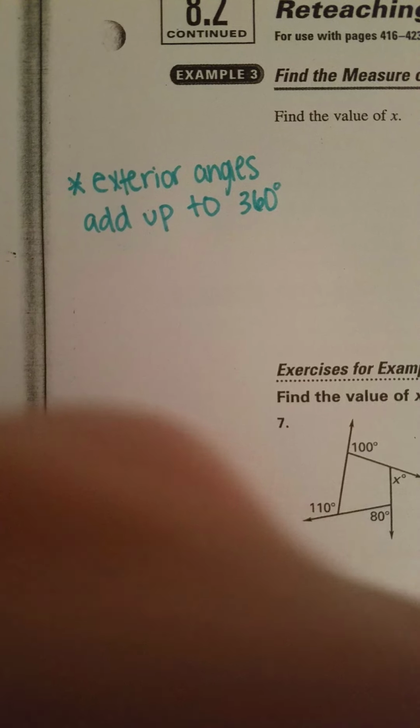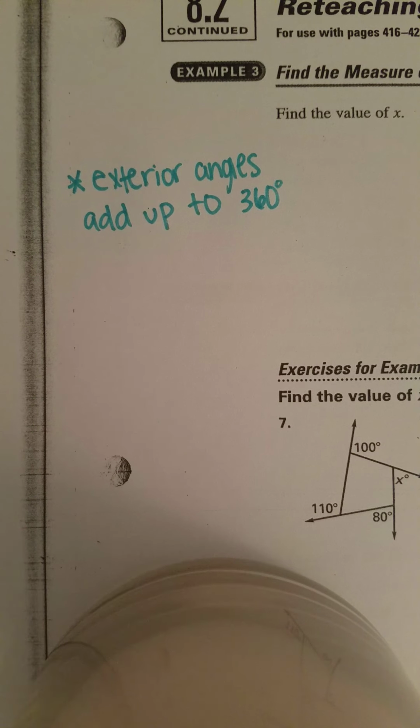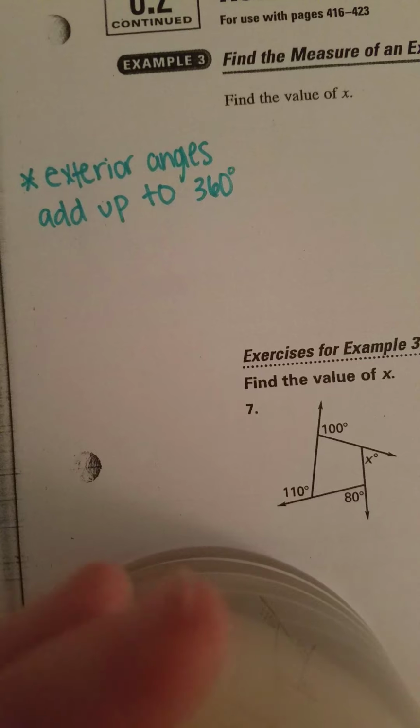So no matter what shape it is that we're looking at, exterior angles will always add up to 360 degrees. So we're going to do an example together.